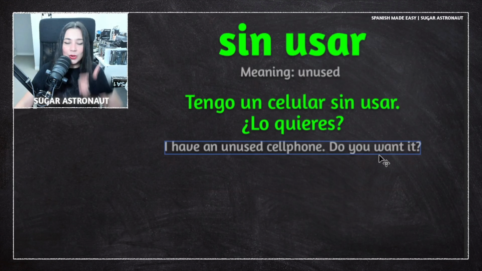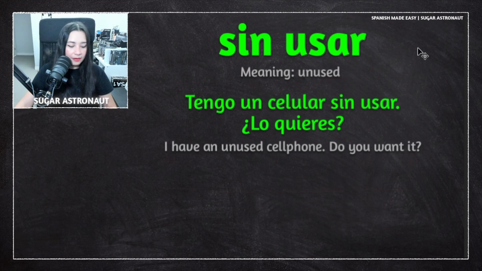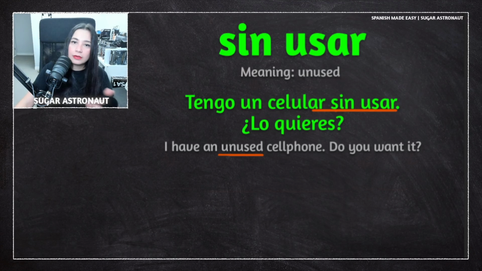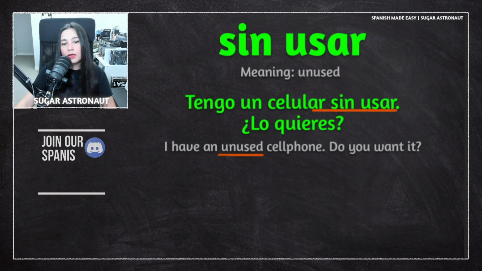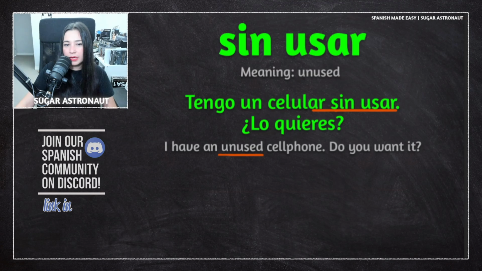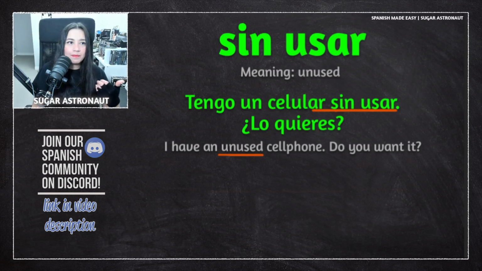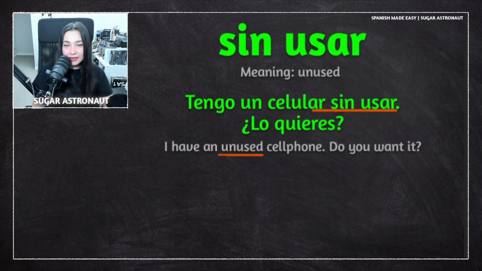That's how you use the phrase sin usar. Okay, so this is unused. So basically, you're just saying it's a new cell phone. Okay, so instead of saying nuevo, you're saying sin usar. Of course, when talking about unused, it means that you could have probably bought that a year ago or 2 years, but you forgot about the thing, right?